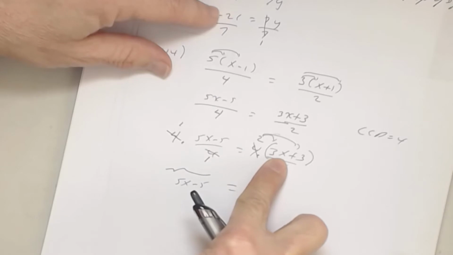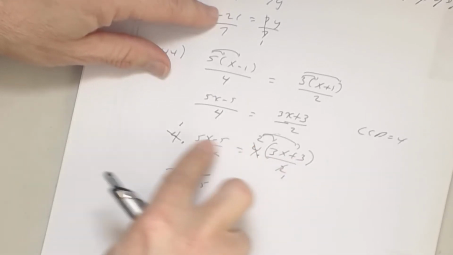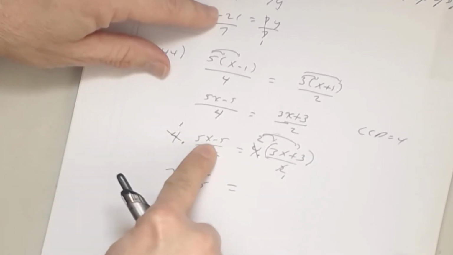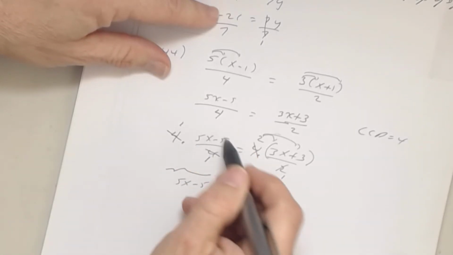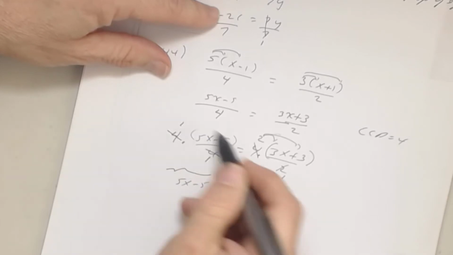Now, if you know how to do this without putting parentheses at this step, then that's fine. You may say, why do you put parentheses here? Because that was a 1, and 1 times anything is that thing. Could I have put parentheses around here? Yes. But what's 1 times 5x? 5x. What's 1 times negative 5? Negative 5. It doesn't matter.